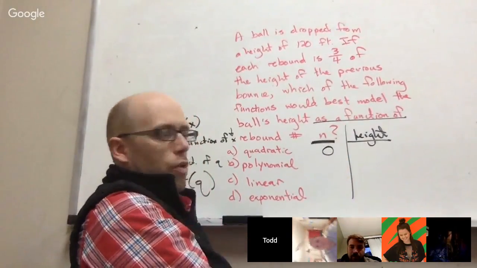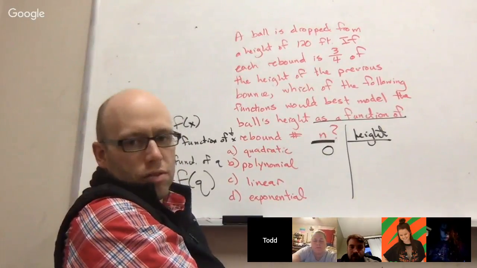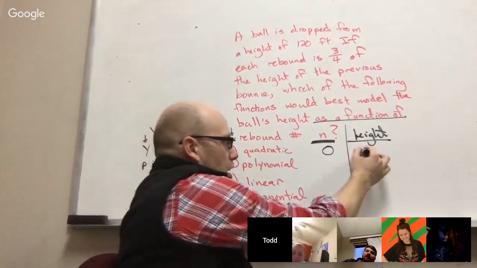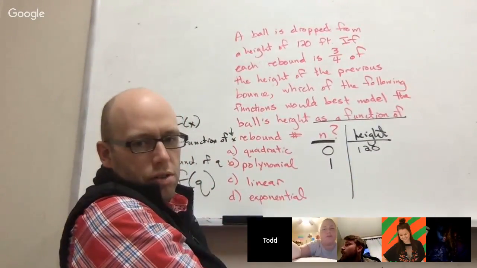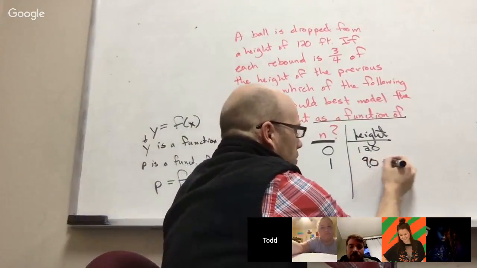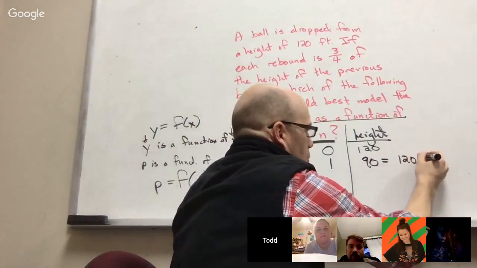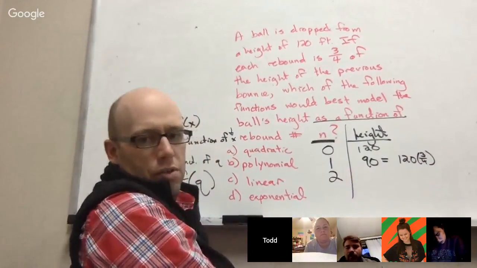What's rebound number 0? What's the height that we start with? 120. Rebound number 1, what height are we going to get? It's 90, 3/4 of 120. It's 90 because it's 120 times 3/4, right? And then to find the second one, what are we going to do?